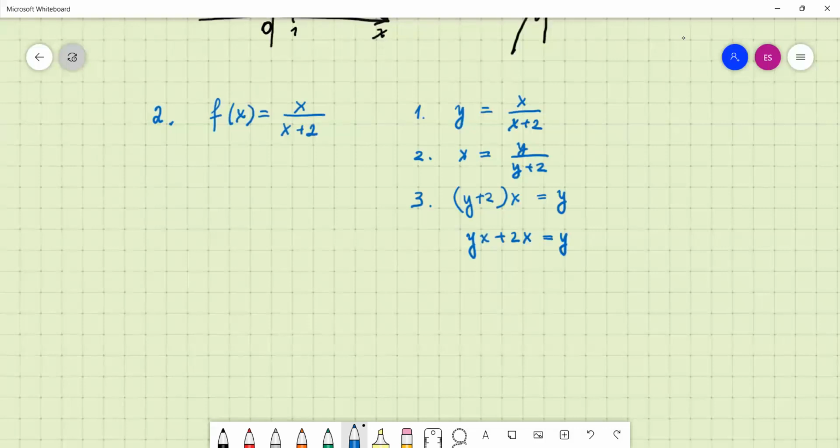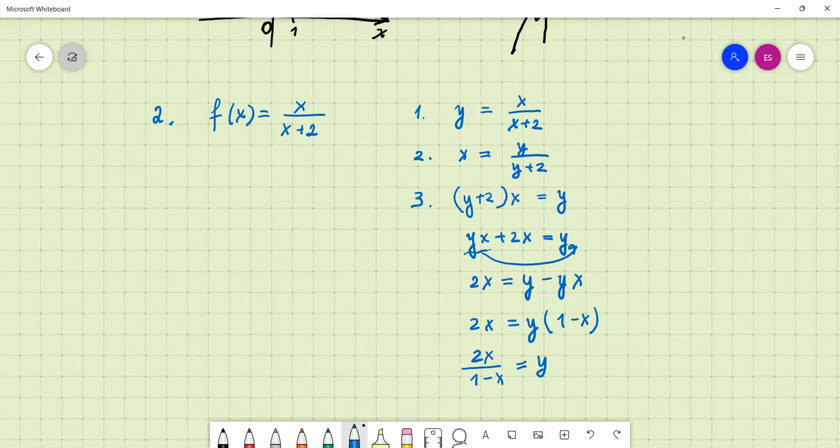Step number 3, because we are solving for y, we will need to isolate y on one side. I'm going to move this one over here and write y minus yx equals 2x. I'm going to take y outside of parentheses. And then the next step to isolate y is to divide by 1 minus x. So it's 2x over 1 minus x equals y.